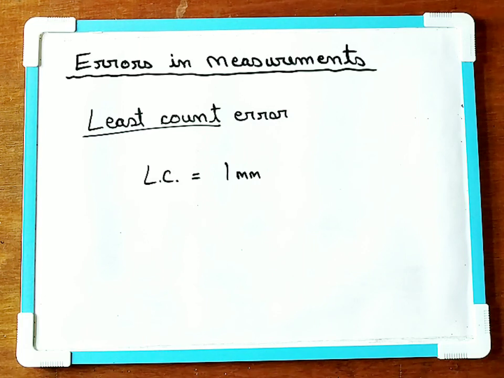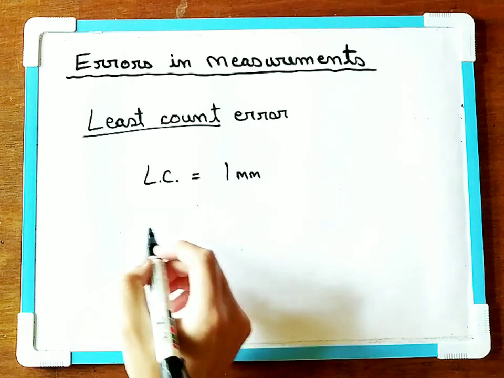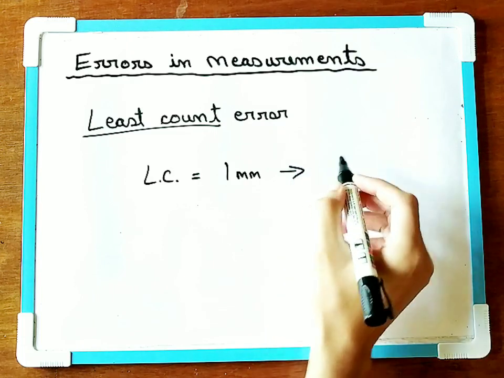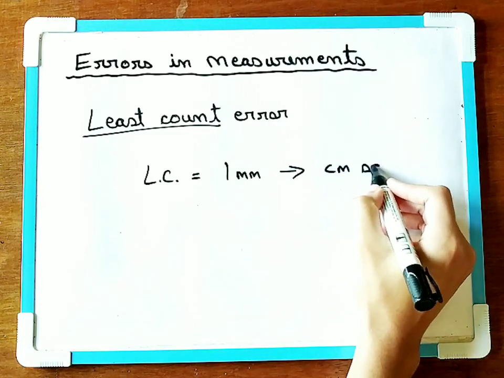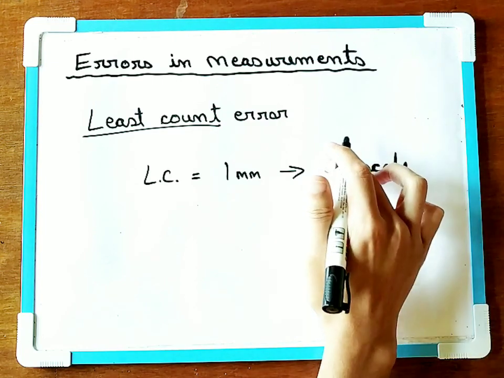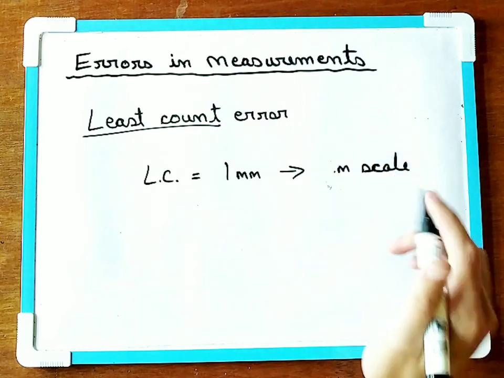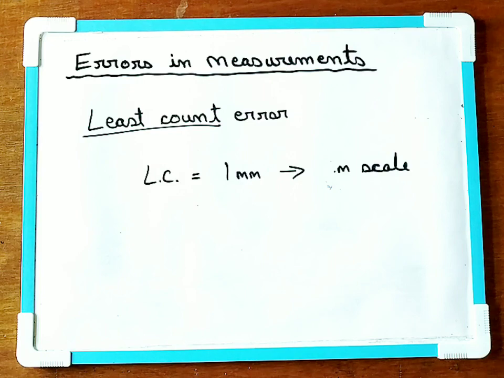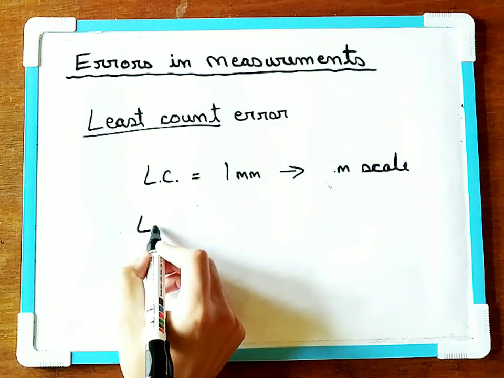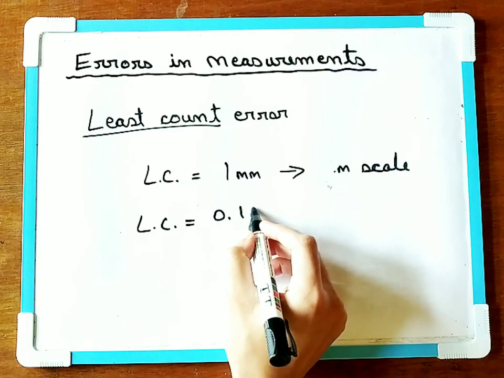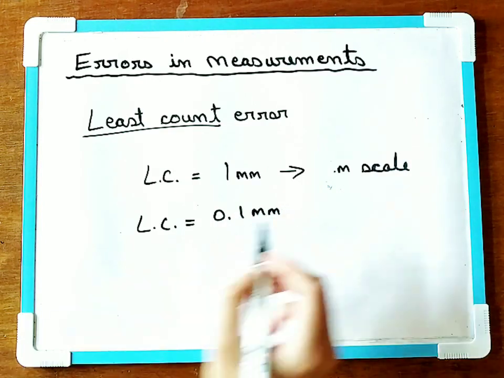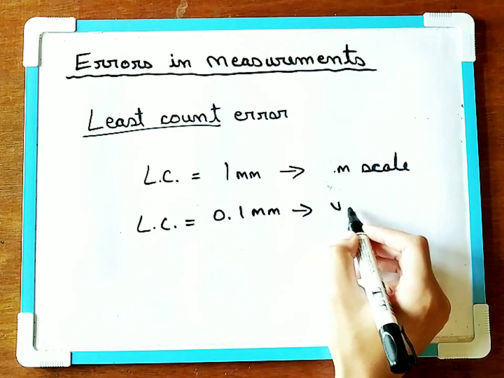Your regular meter scale has a least count of 1 millimeter, and the vernier caliper has a least count of 0.1 millimeter.